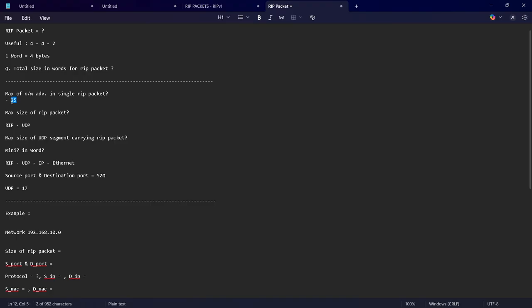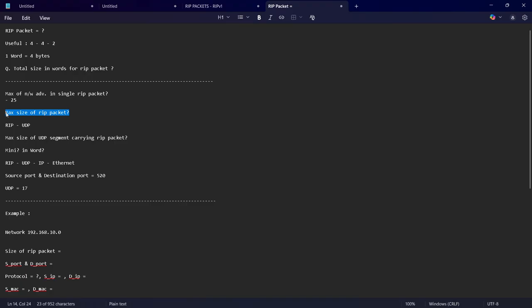We will multiply it with the value that we use in the single network in bytes. So 25 into 20, that gives us 500, and then plus 4, that is our header value, RIP header. So all total, the maximum size of the RIP packet is 504, right?